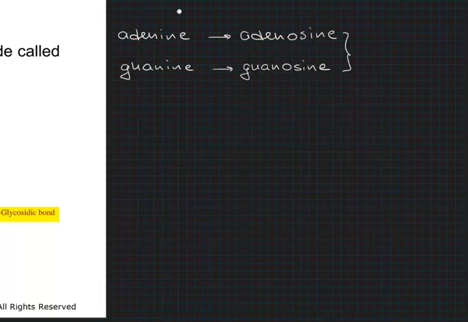These are purines. Now for pyrimidines, it's a little bit more wonky compared to the pretty strict naming rules for conventional organic compounds.